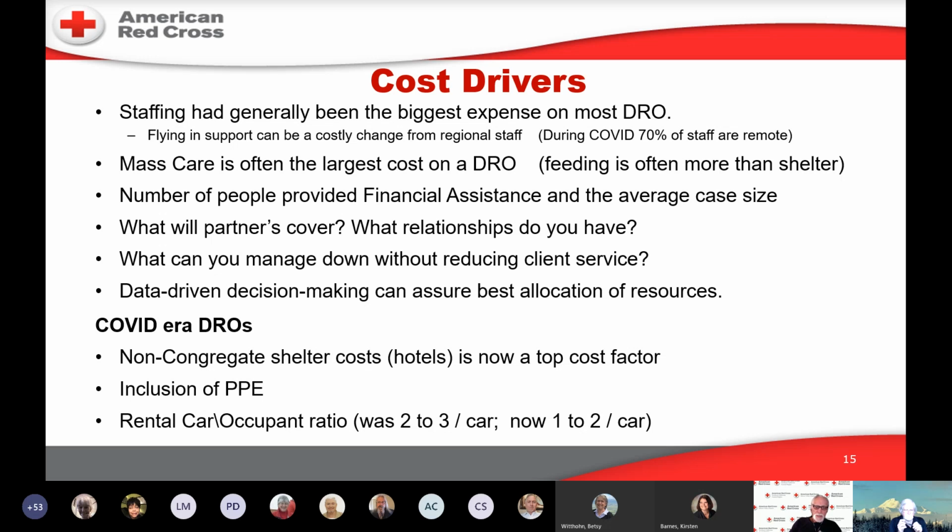So in that case, it's a fairly even mix of costs, and it's easy to run up fairly large costs. I have noticed in some of the past DRs that we do provide some financial support to other organizations such as World Central Kitchen or Salvation Army, depending on what arrangements have been made between the DR and the local organization. So be aware of that, because your costs could change radically when that comes into play.